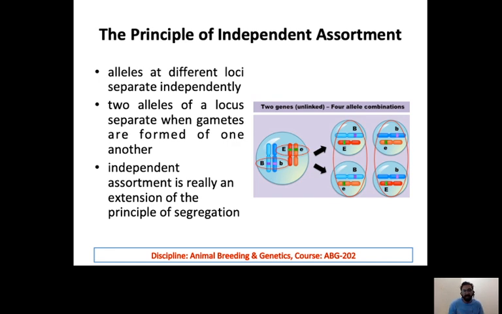Similarly, capital B is not going to determine whether it is going to combine with the small e or capital E, and vice versa. So that clearly indicates that each pair of gene and their respective alleles assort independently of each other.